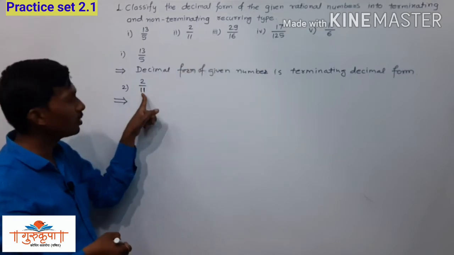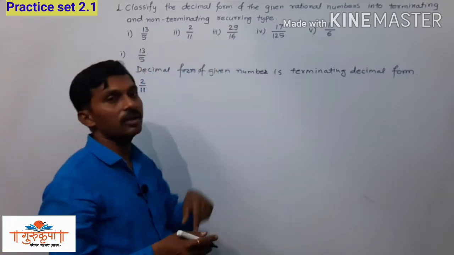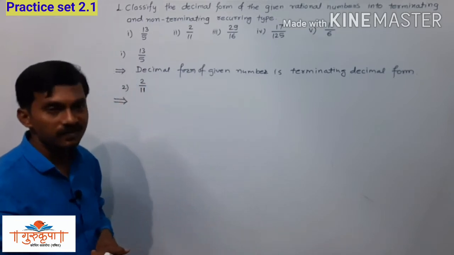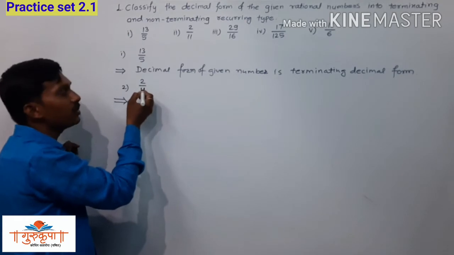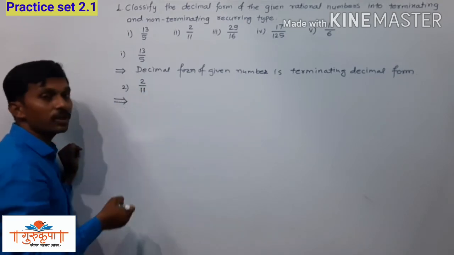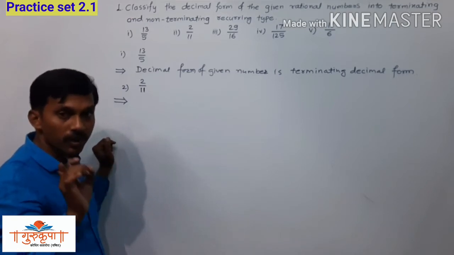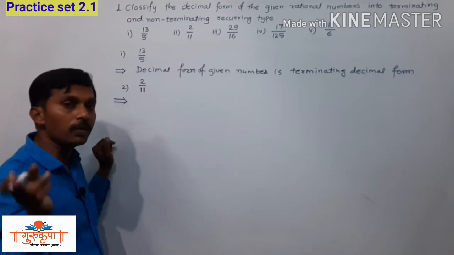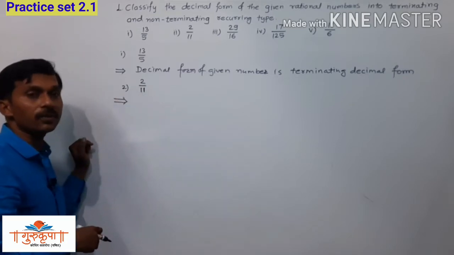This number is of which form? Non-terminating recurring decimal form. Why? Since the numerator is not exactly divisible by denominator and the prime factorization of the denominator is not in the form of 2 or 5 or 2 and 5 both, this number is non-terminating recurring decimal form.